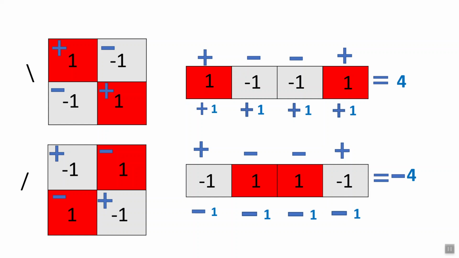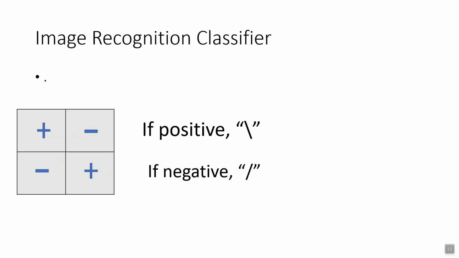So this is finally our rule for constructing our first image classifier. We can take an image, add the numbers on the top left, subtract the numbers on the top right, subtract the numbers on the bottom left, and add the bottom right.